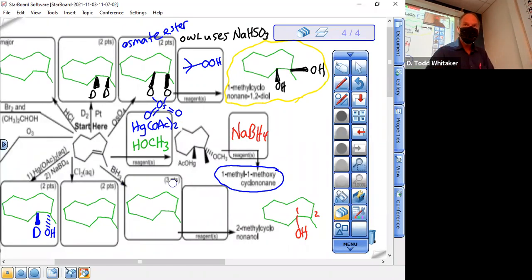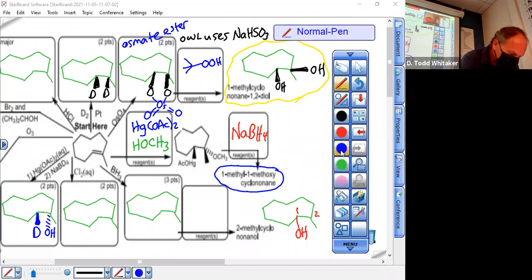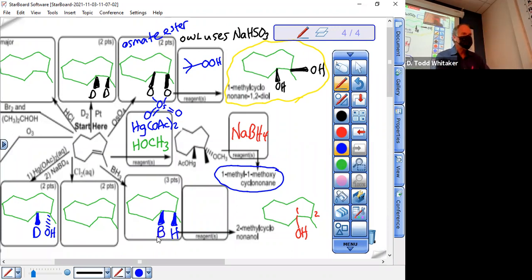So 2 out of 3 points. Syn addition. I kind of like wedge dash on this. A wedge on this, sorry. And the more electronegative H on the more substituted carbon, the less electronegative B on the less substituted carbon.